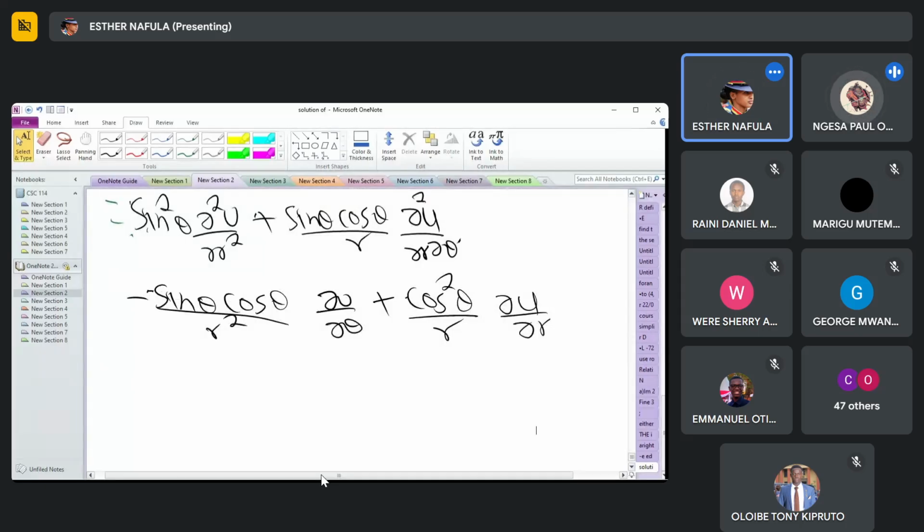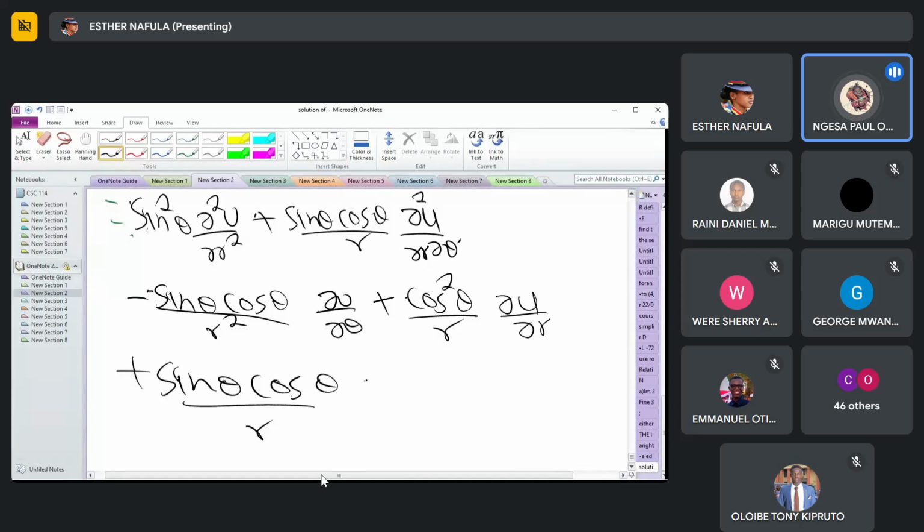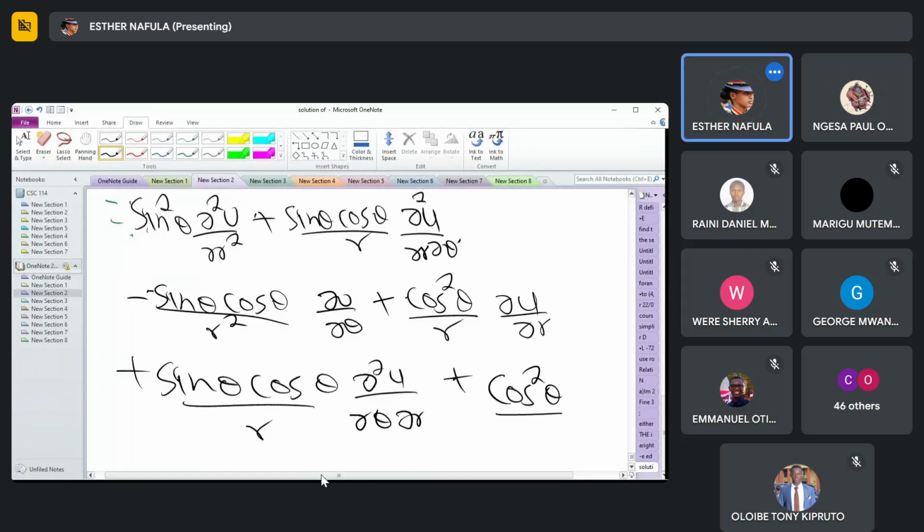Plus sin theta cos theta over r partial squared u partial theta partial r, plus cos squared theta over r squared partial squared u over partial theta squared.